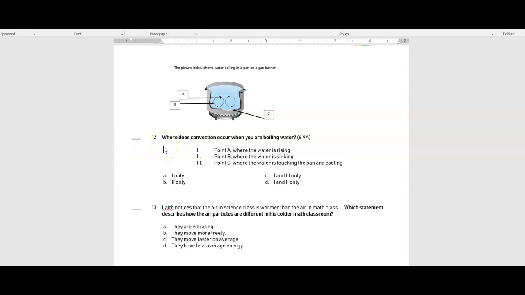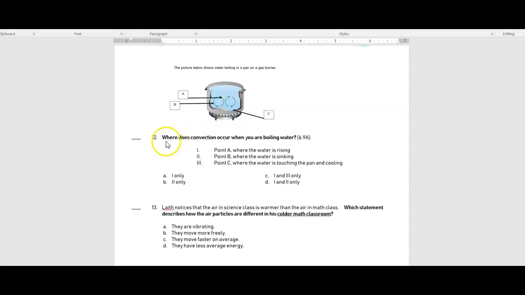All right, number 12. The picture shows water boiling in a pan on a gas burner. Here I've got the letter A pointing to this arrow, the letter B pointing to this arrow, the letter C pointing to the pan.